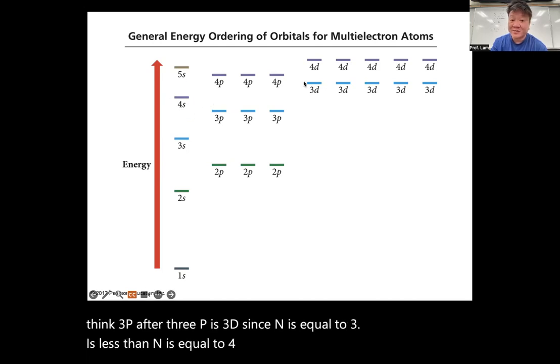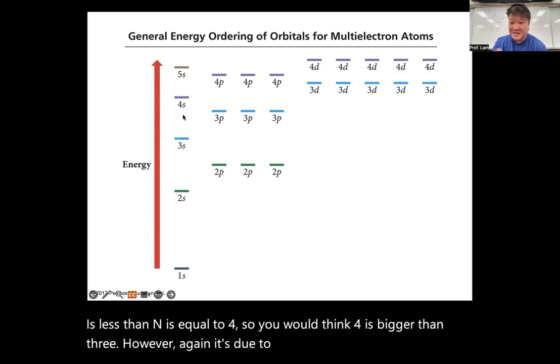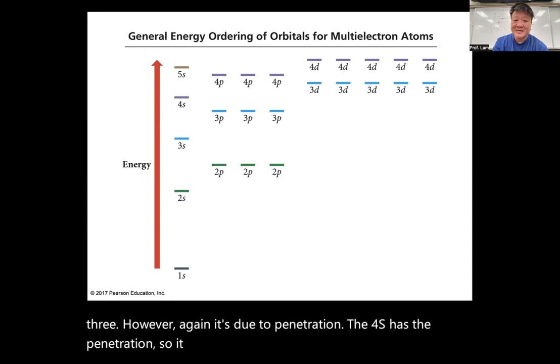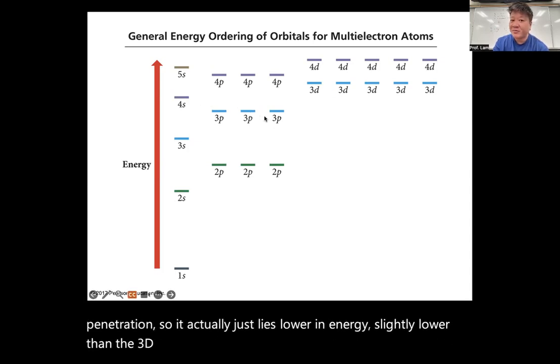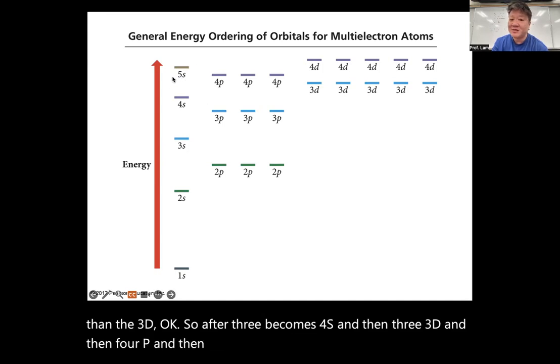So you would think 4 is bigger than 3. However, again, it's due to penetration. The 4s has the penetration, so it actually lies lower in energy, slightly lower than the 3d. Okay, so after 3p comes 4s, and then 3d, and then 4p, and then 5s, same reason, penetration, and then 4d. Okay.